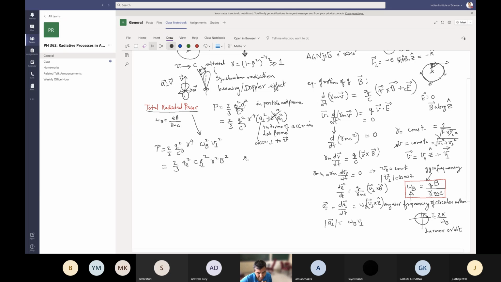What is r_e? The classical radius of the electron. Again, we can make it r_q just to have it general. So this is q squared by mc squared, the classical size of the particle. So this is another form of it.